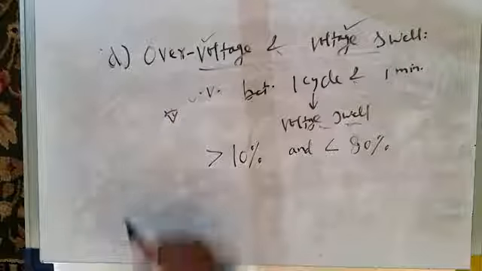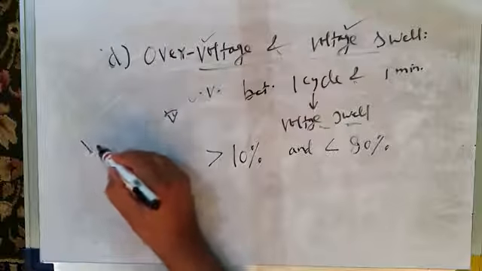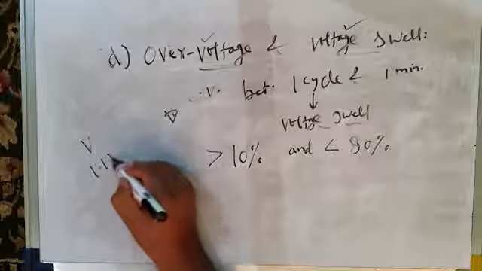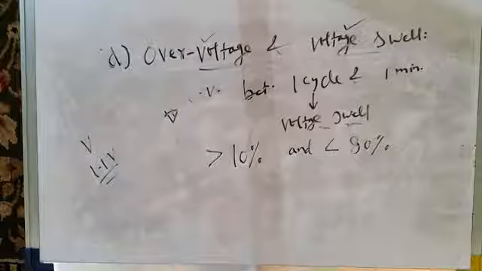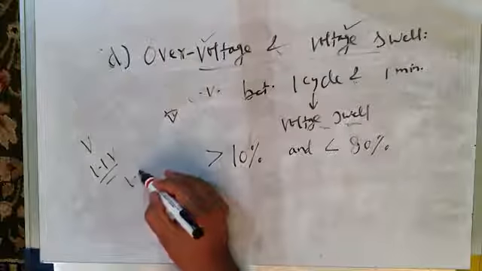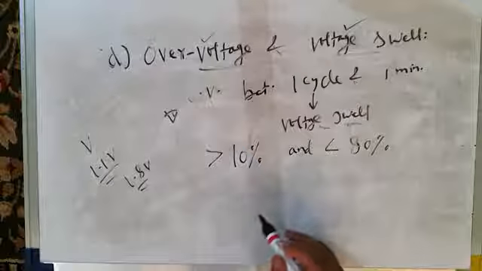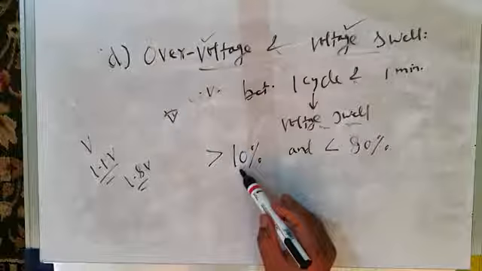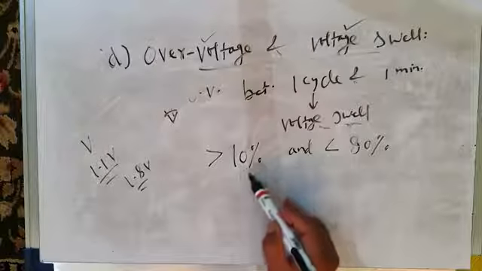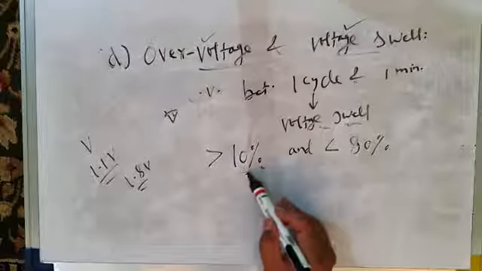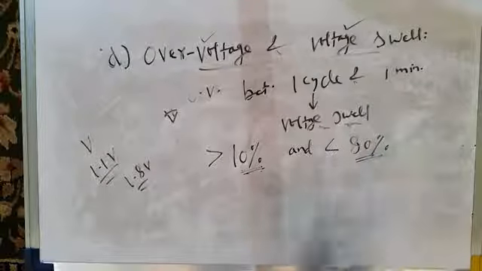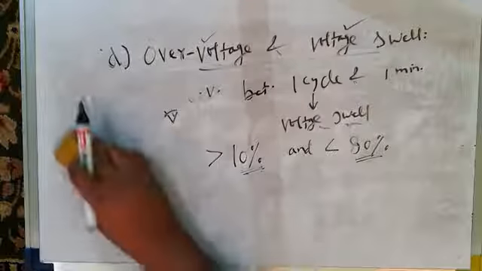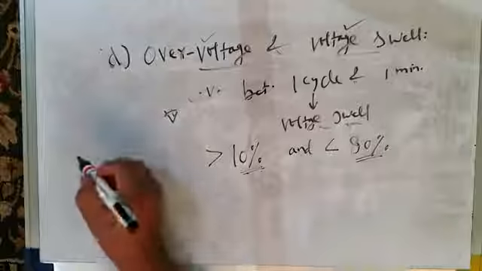I mean if your voltage is say V, it may become 1.1 times V, that's an increase of 10%, or it may go as high as 1.8 V, an increase of 80%. So if the voltage increases by 10% or greater than 10% but less than 80%, then it's called voltage swell. And voltage swell looks like this.